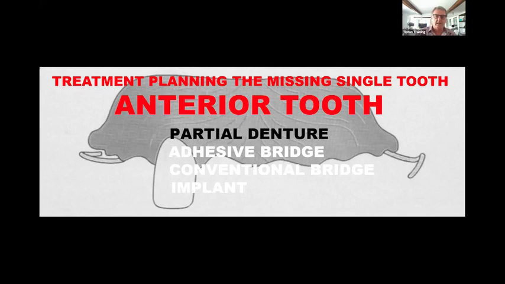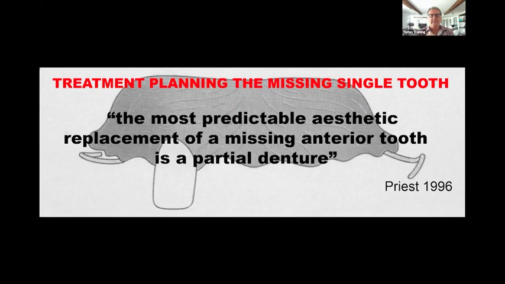So what do we know about replacement with a partial denture? Obviously, not many patients enjoy wearing a partial denture, number one. However, if we're looking at aesthetics here, then a partial denture is probably the most predictable replacement of a single missing tooth. Why?